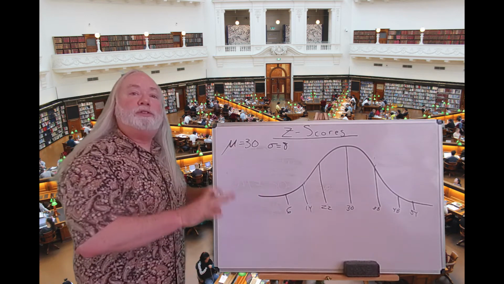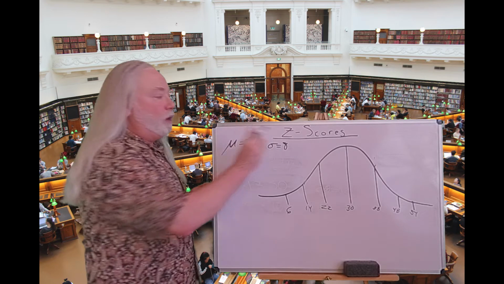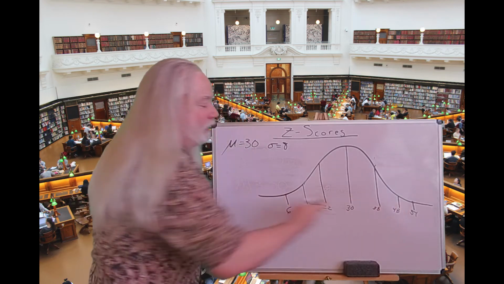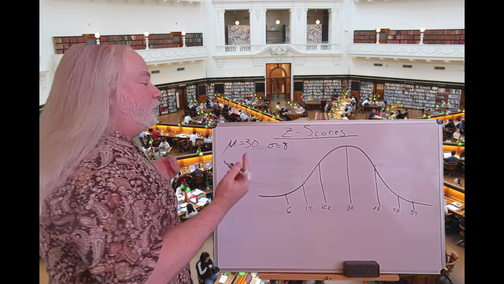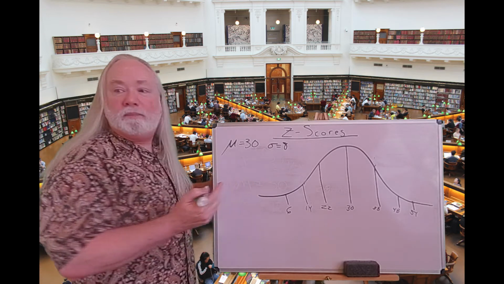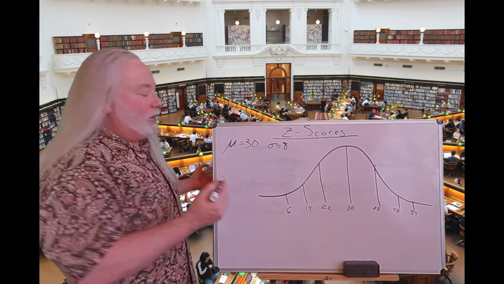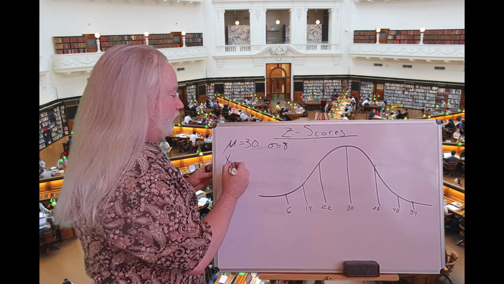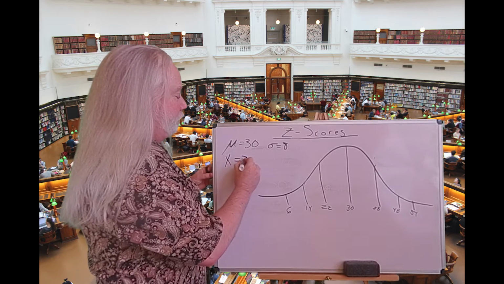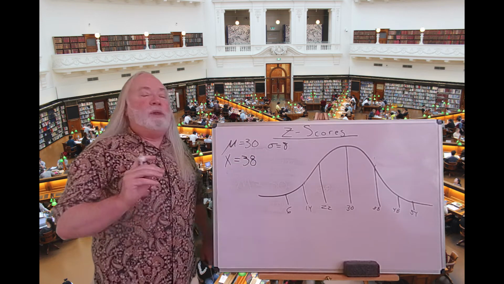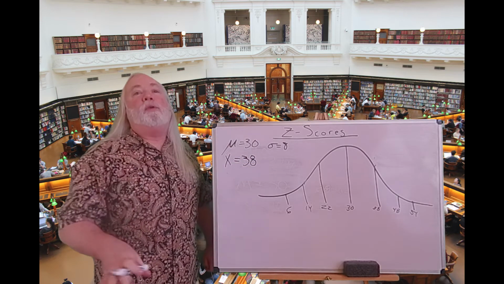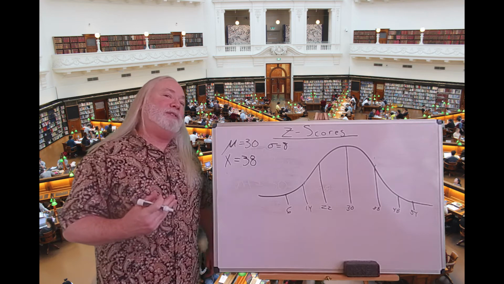Now these are raw scores, right? That's the raw score mean, the raw score standard deviation, and so there's our standard deviations with the raw scores. And let's say someone in this distribution scored a raw score of, let's say, 38 points. Now, without any calculators, without any formulas, we should be able to figure this out, right?